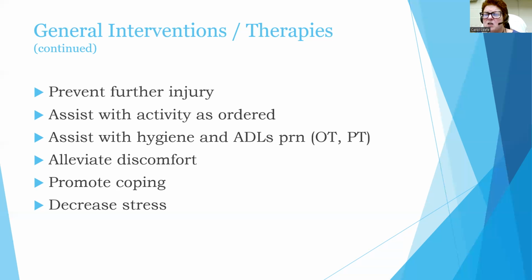Then physical therapy as well, to be able to get them out of bed safely and be able to ambulate them and assess their strength and their posture and being able to be safe when ambulating.